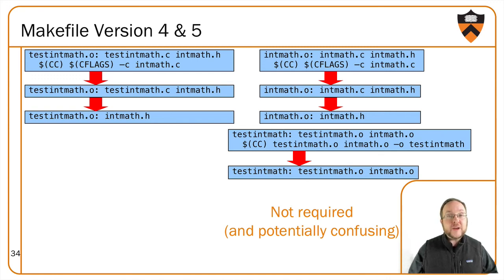The same thing for intmath.o. And then for testintmath, we give it the two prerequisites of the two .o files, and it says, I can take it from here. If I'm given multiple .o files, I know that I will just put all of them on the line and invoke the linker with my -o and create the final executable.